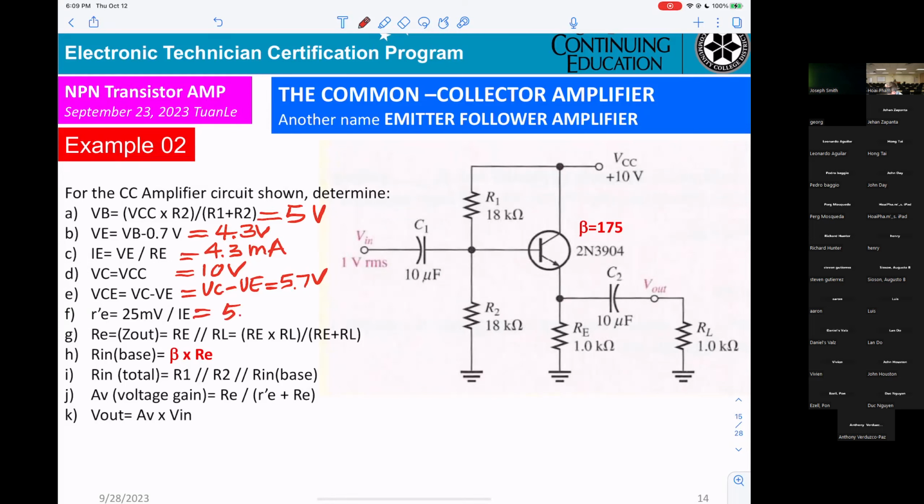Output impedance: 1 volt times 1 volt divide 1K times 1K divide 2K. Looks like 0.5, right? Yep.